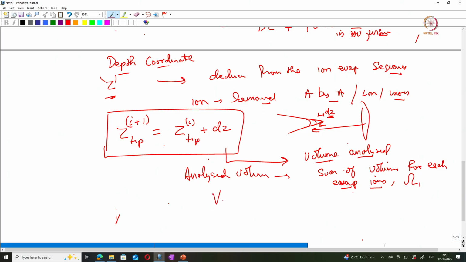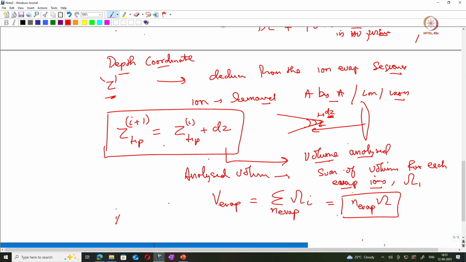So the evaporated volume can be given as the number of ions evaporated times the volume, which equals N EVAP multiplied by omega.